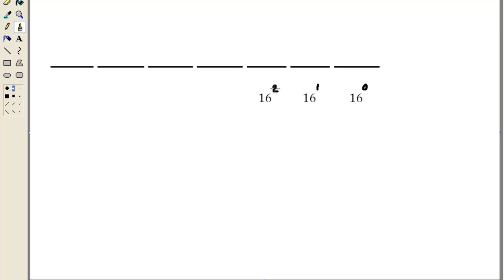Okay, so we have 16 to the power of 0, which is 1, 16 to the power 1, which is 16, and 16 squared, which is 256. Okay, you can see that these numbers are going to get really, really big really fast. So this next place value is 4,096.